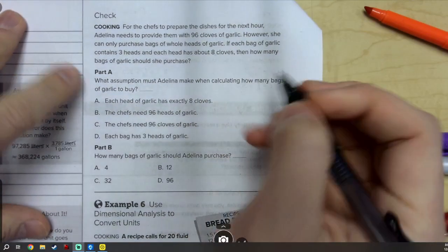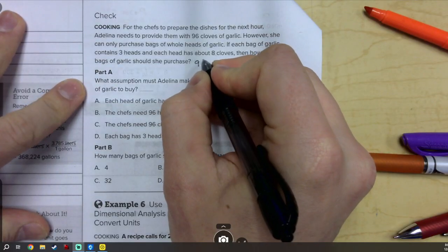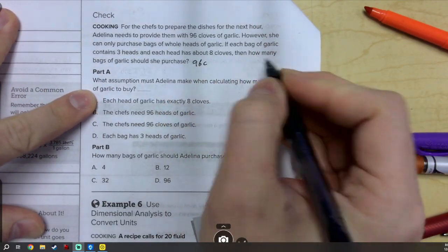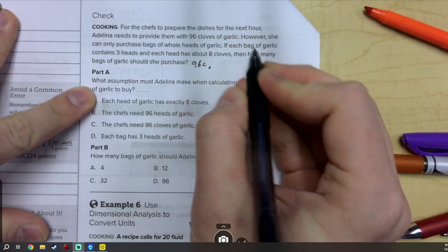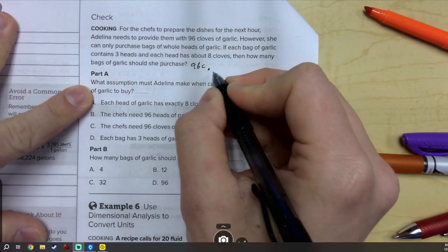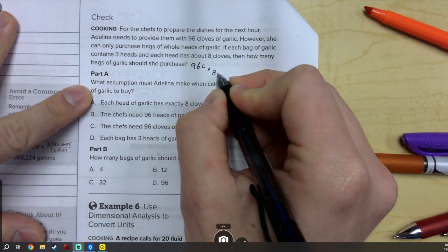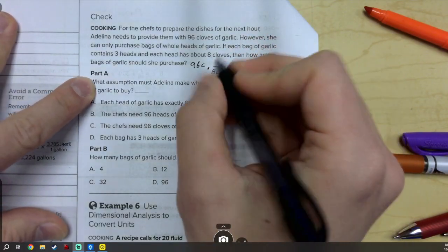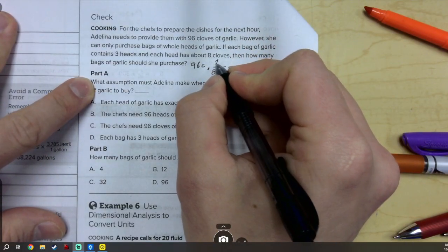All right. She needs 96 cloves. And it says there's 8 cloves in 1 head.